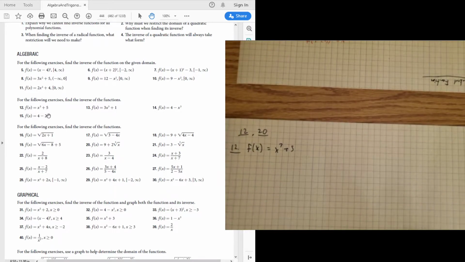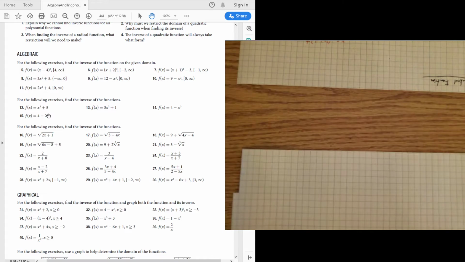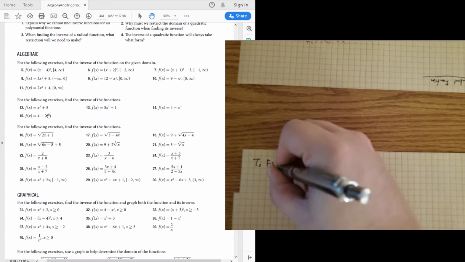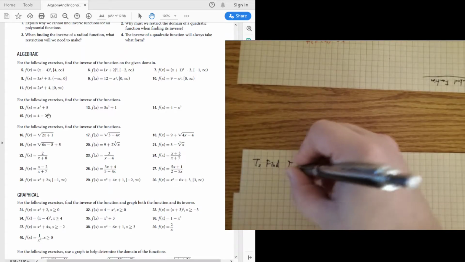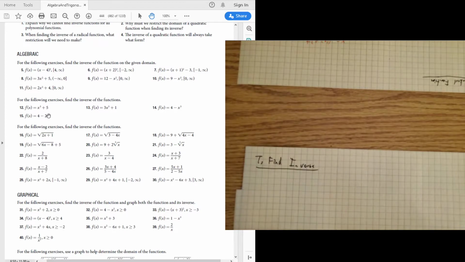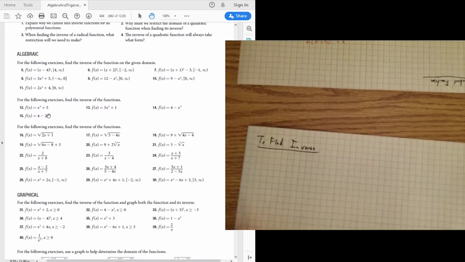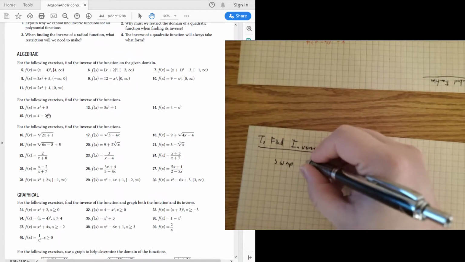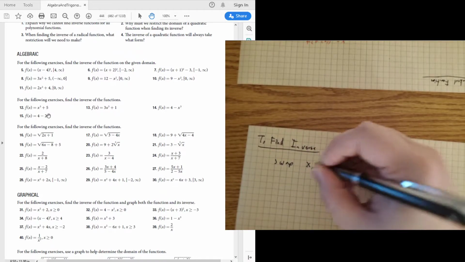Well, let's add to my notes, to find an inverse. I recommend, much like the book does, we swap our x and y's.